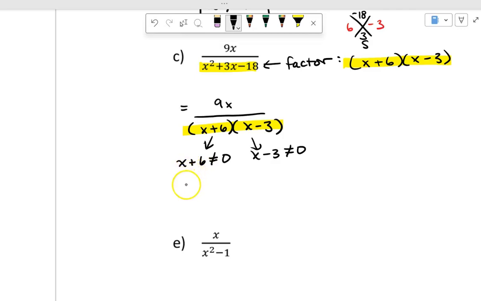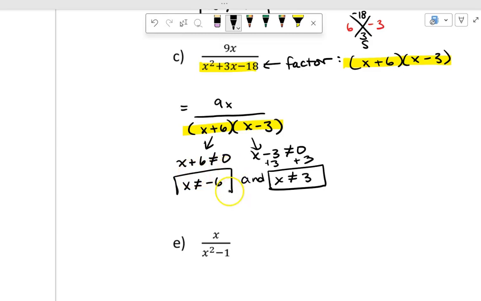By subtracting 6 from both sides, I find that x can't be negative 6, and adding 3 to both sides of the other factor, x cannot be positive 3. So those are the two values I would exclude from the domain, because if I were to plug them back in, they would make my denominator 0.